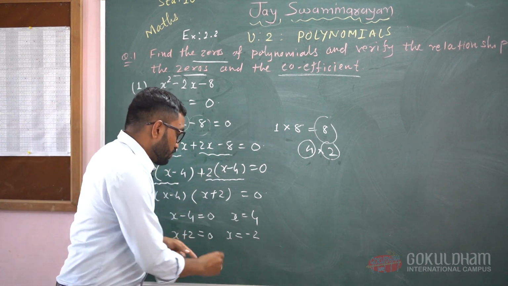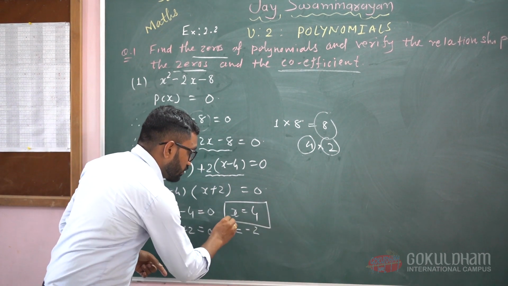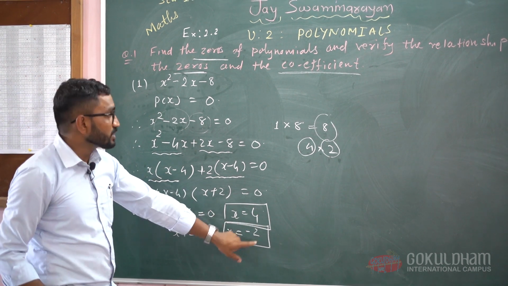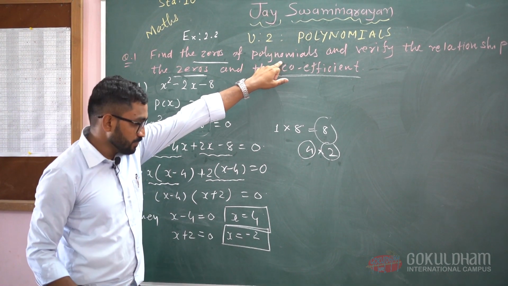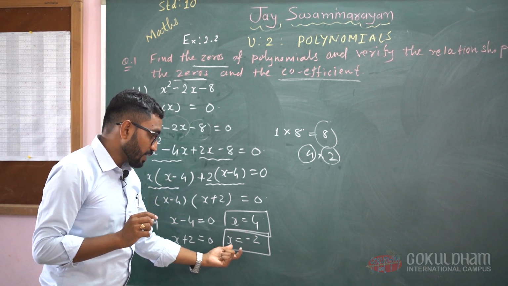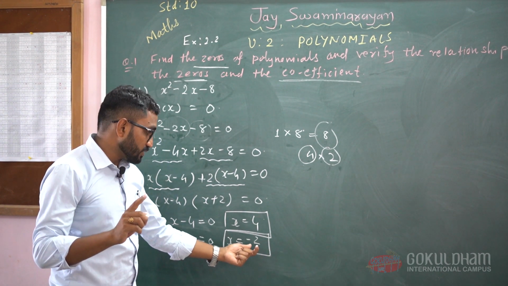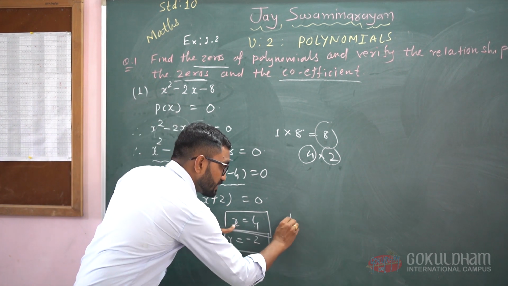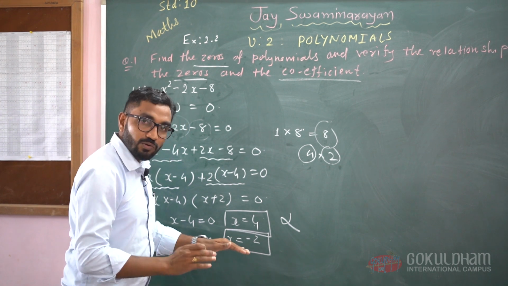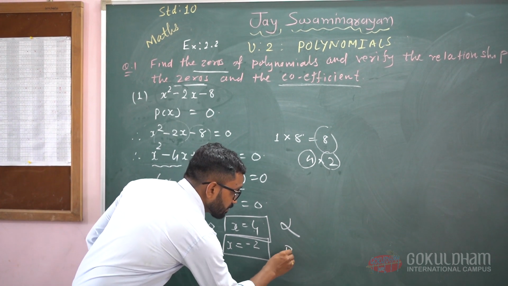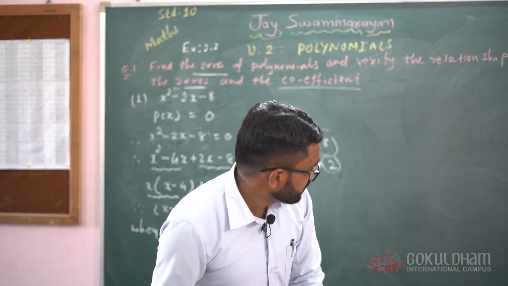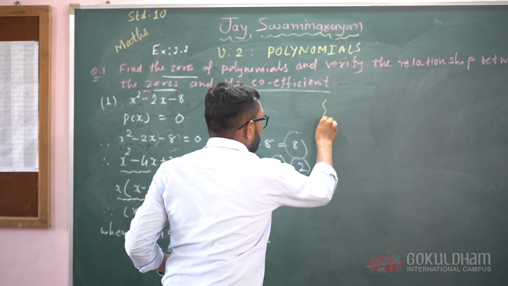So both x equal to 4 and x equal to -2 are zeros of the polynomial. This one, 4, is called alpha, and x equal to -2 is called beta.